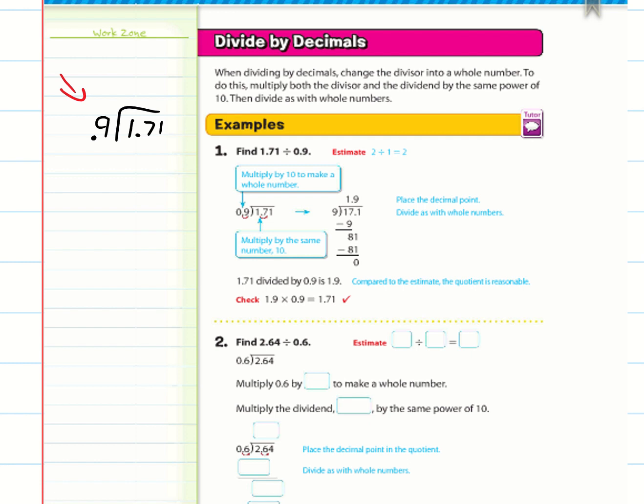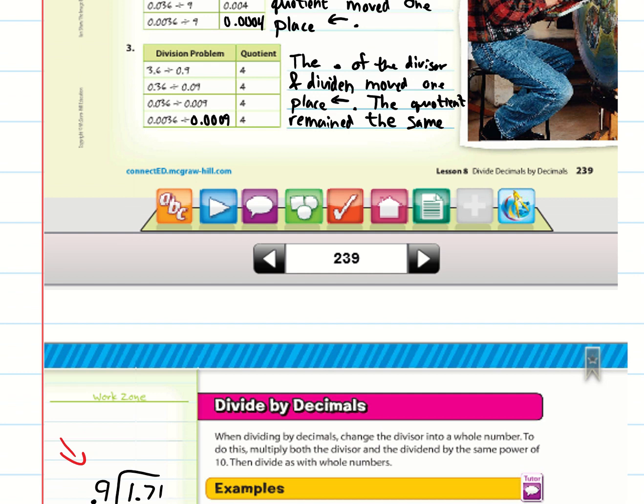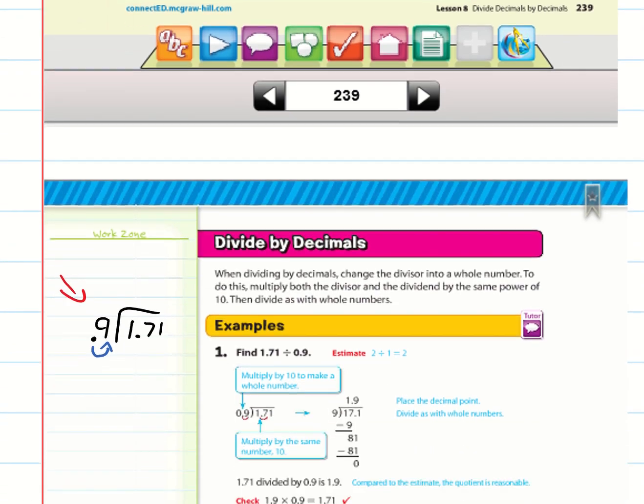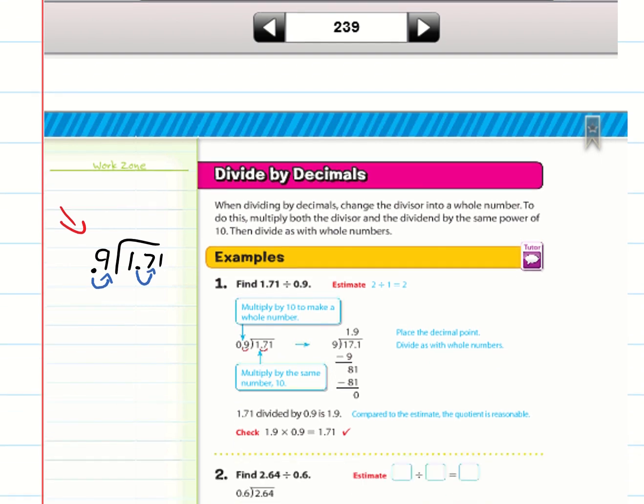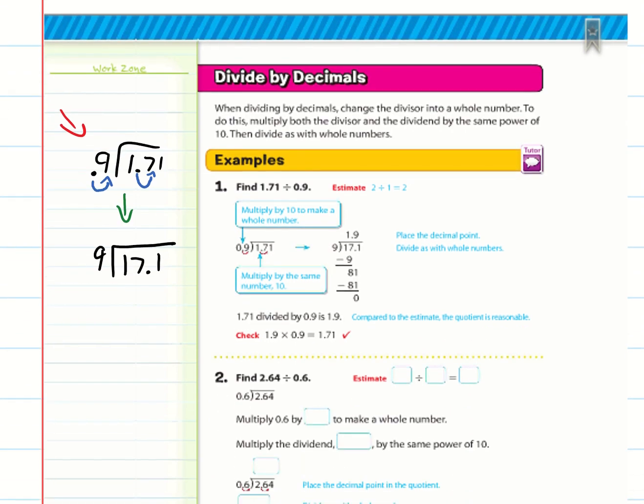So in order for that to happen, we're going to move this decimal place once to the right. That way the 9/10 becomes a 9. But remember, in example 3, I'm going to do the divisor and the dividend. So the dividend, I'm only going to move one place. So both of them are moving one place, and my new problem is going to be 17 and 1/10 divided by 9. And we're still going to get the same quotient because both of the decimal places moved equally.